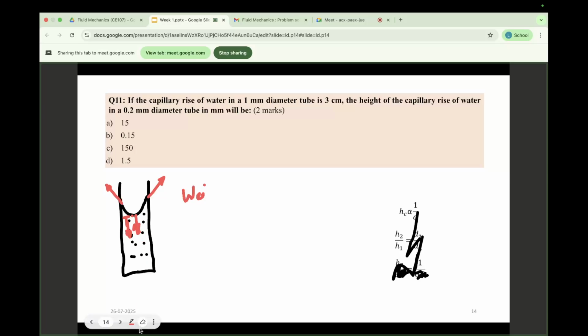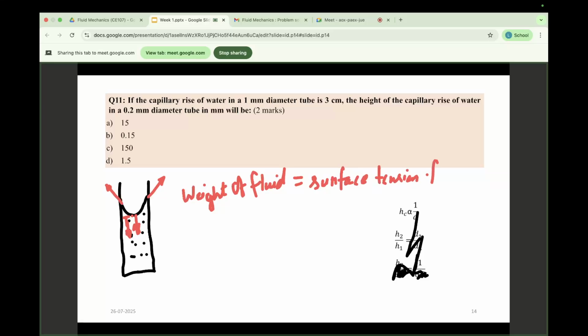So what should be the thing is that the weight of the fluid equals the surface tension force. They should balance each other. Say in this portion I am drawing, this portion looks this way.